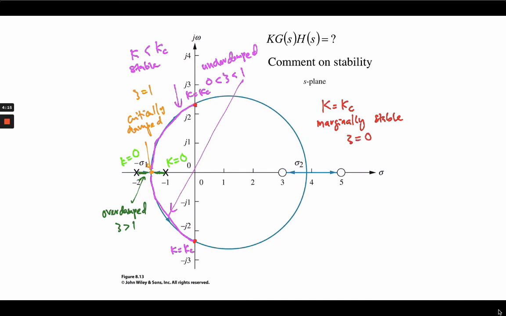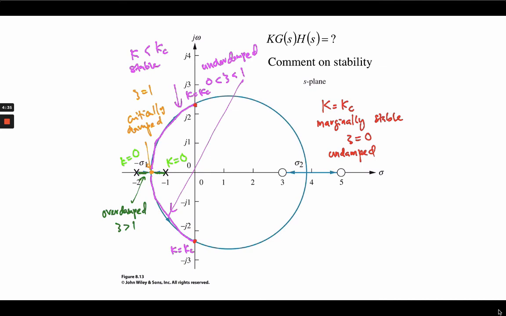At this position we have an undamped response, so the oscillation will retain the same, neither decreasing nor increasing in its amplitude.